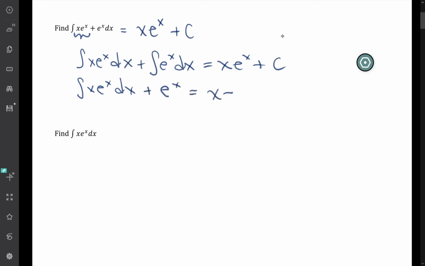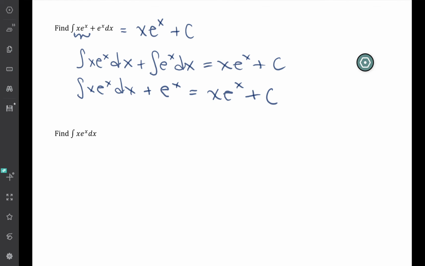We don't really need to throw another plus c in the mix, because what we would have then is a c1 on one side and a c2 on the other side, and when we move them over we have c2 minus c1, or vice versa. It's not very exciting, because if you take something that represents any real number minus something else that could represent any real number, the result is just going to be any real number.